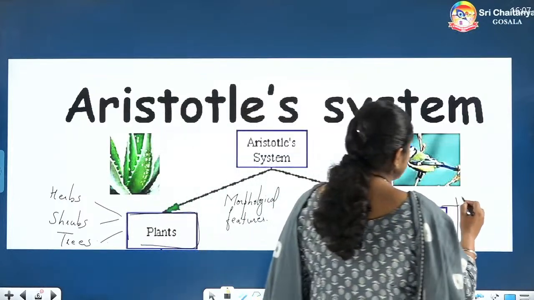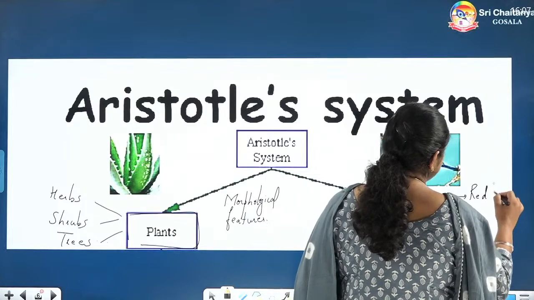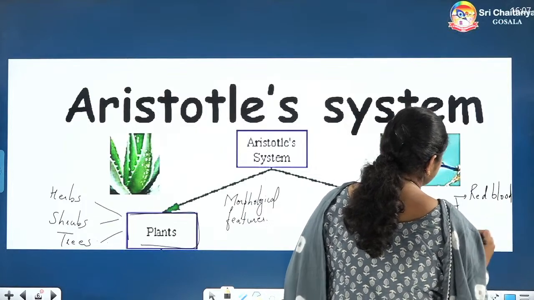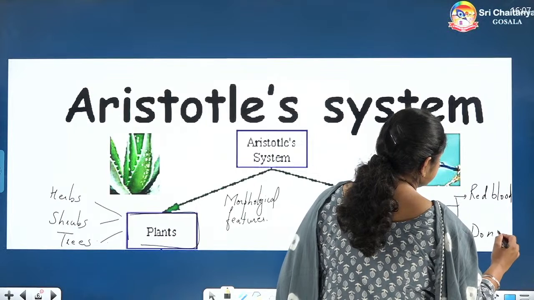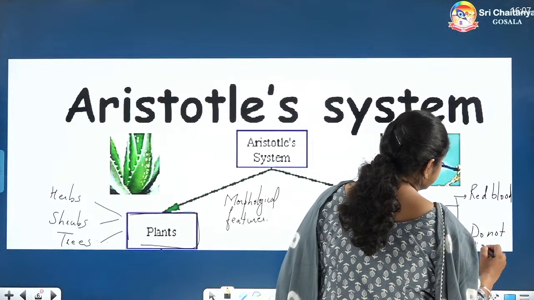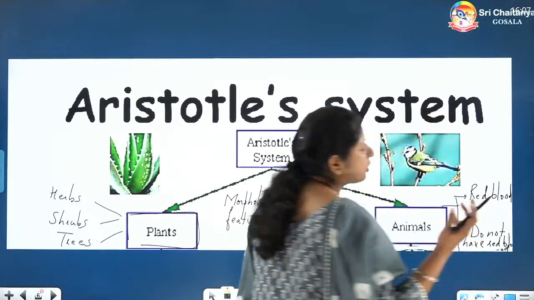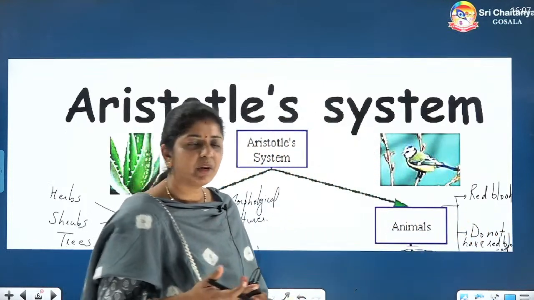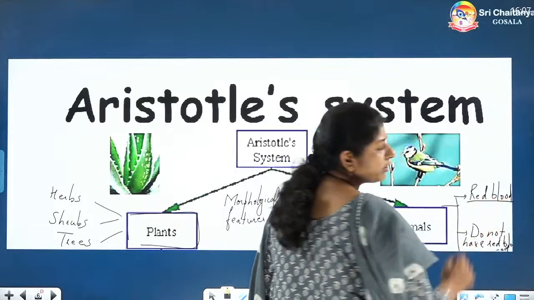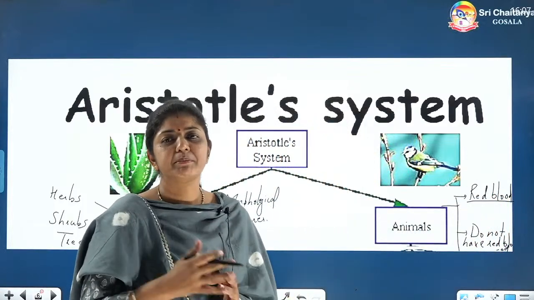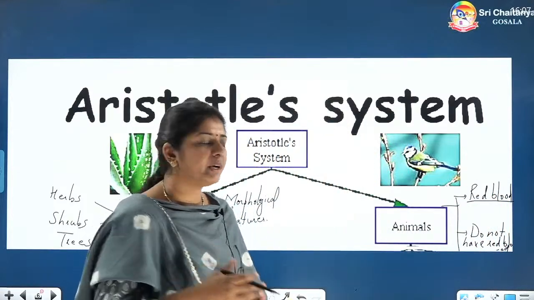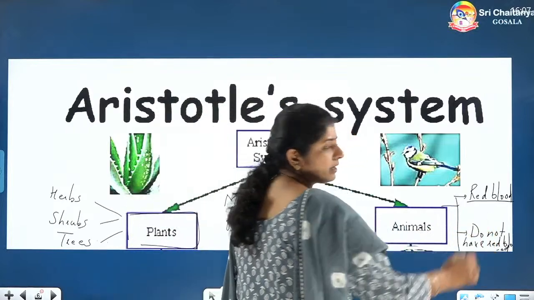So whether they are having red blood or they do not have red blood. Like if I say cockroach, that is not having red blood, so it will be coming under one group. And like if I say birds, mammals, they are having red blood, they will be classified under another group, right?